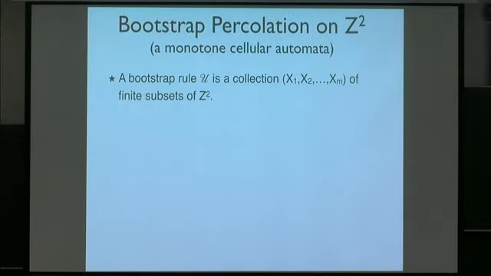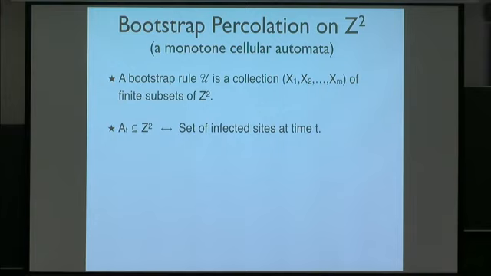Okay, so bootstrap percolation is a cellular automaton which works like this. You have a finite collection of subsets of, say, Z^2. We will always work on Z^2 today. Each vertex can be either infected or not.